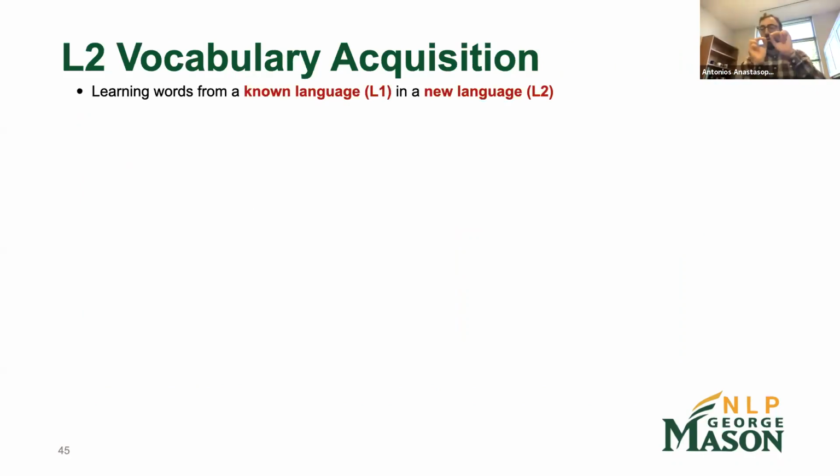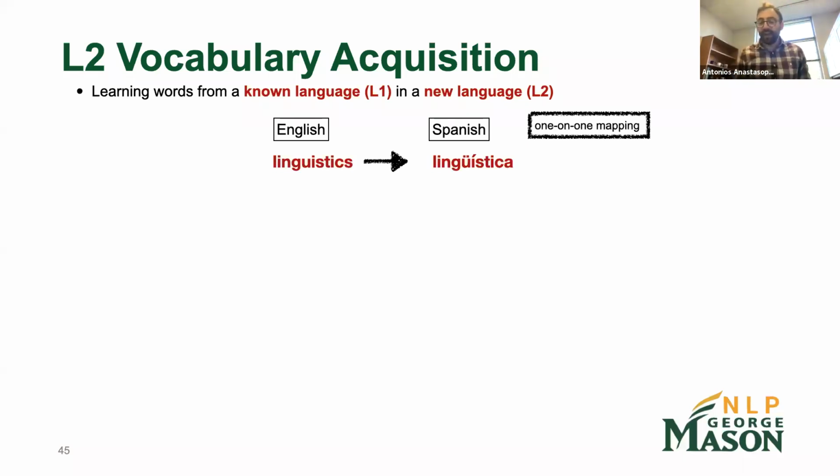We look at a very, very small problem, which is the task of L2 vocabulary acquisition. Basically, we want to help someone learn words, given that they know a language, let's say English, and they want to learn a new language, let's say Spanish. Now, when you want to learn mappings in this setting, there are some words that are easy. There's a word like linguistics in English that has a very nice one-to-one mapping to linguística in Spanish.